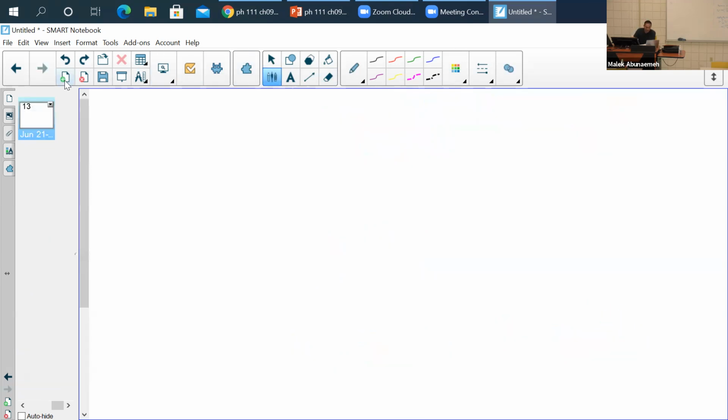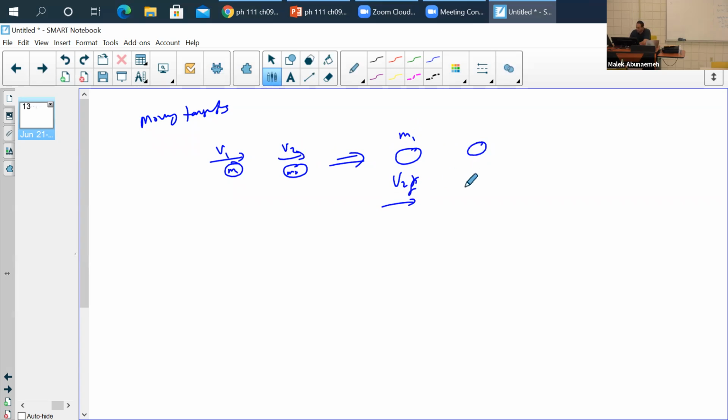Now let's say we have an example where they're both moving. So let's say you have moving targets, where m1 going at velocity v1 is going to hit m2 moving at velocity v2, and m1 is going to have a final velocity v1 final, and m2 is going to have a final velocity v2 final.